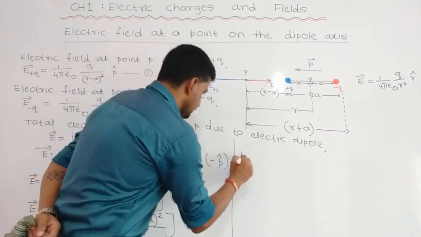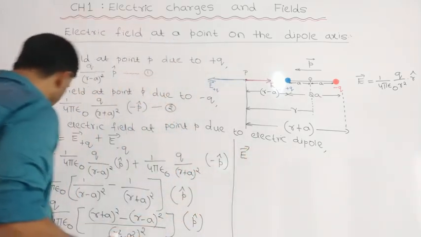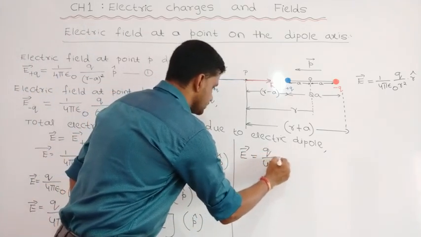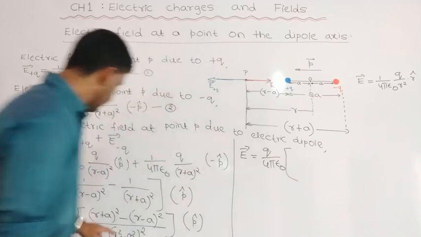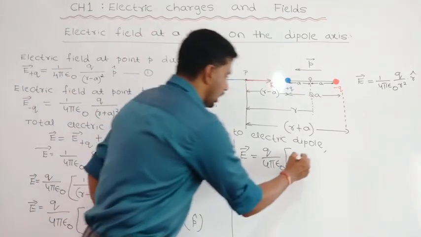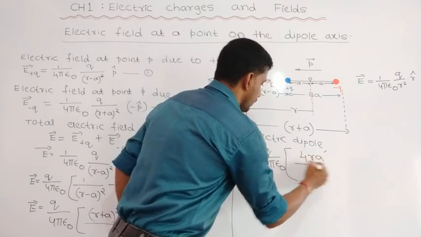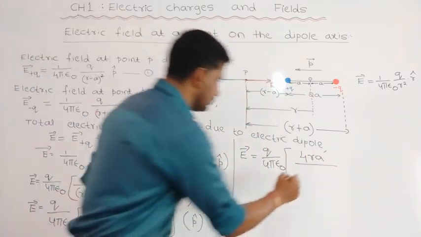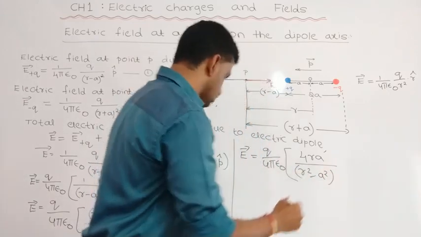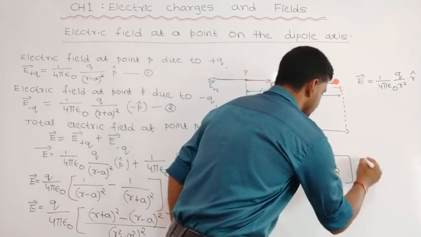After simplification, this equation becomes E vector is equal to Q divided by 4 pi epsilon naught, where in the numerator I get 4RA divided by R square minus A square whole square, P cap.